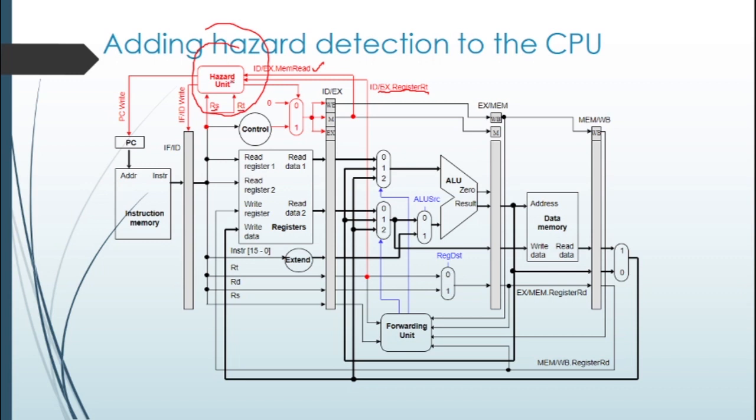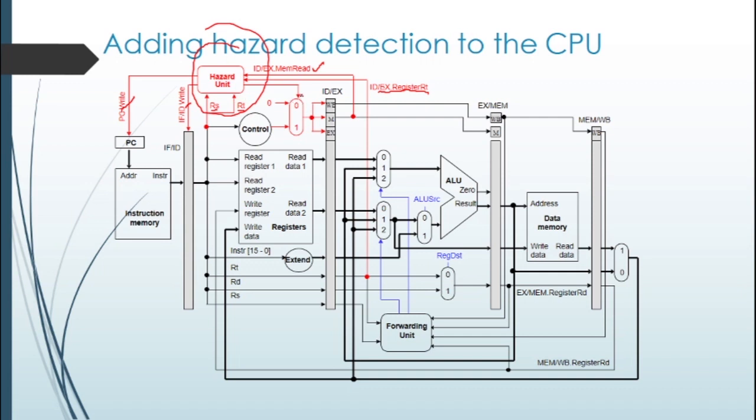The hazard unit will detect the hazard and first generate two write enable signals, which will be disabled whenever a hazard is detected. It will stop the PC from writing, and stop the IF/ID from writing the new instruction.